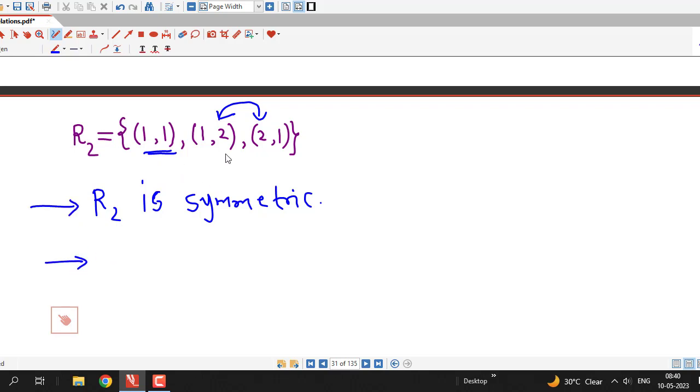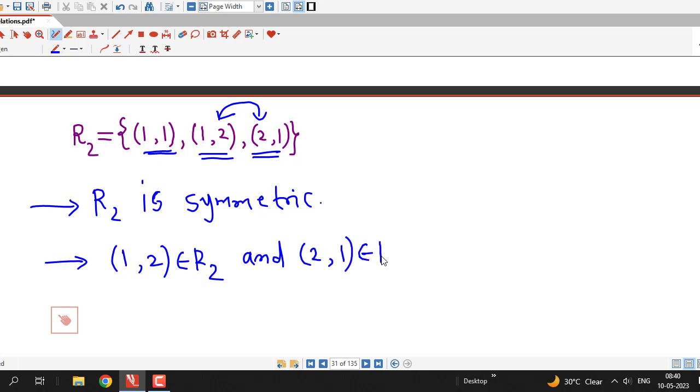Now what about antisymmetry? R2 is not antisymmetric, for the same reason: (1, 2) and (2, 1) both are present in R2. (1, 2) belongs to R2 and (2, 1) belongs to R2, but 1 and 2 are different.